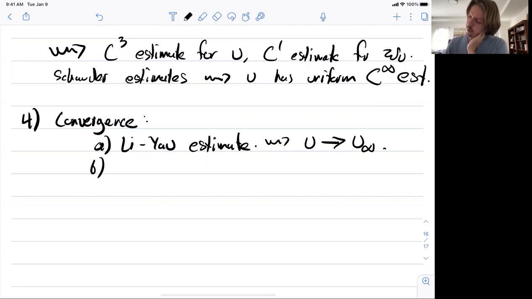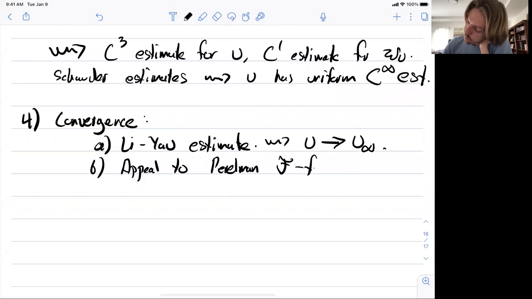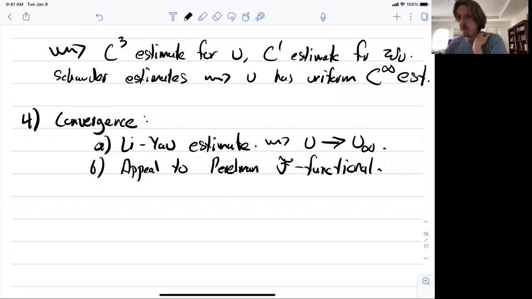Alternatively, a bit more geometrically, but less sharp, you could appeal to this Perelman F functional. What do I mean by this? By now any quantity you like is controlled.